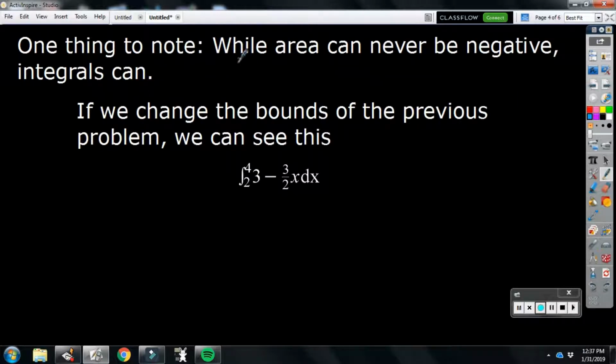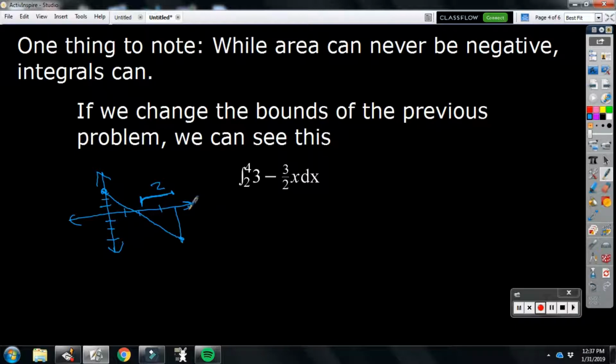Okay, one thing to note about this is that while area can never be negative, integrals can. So if I just change this problem a little bit and go from 2 to 4, we're still looking at that same line. But from 2 to 4, we have a triangle. 2 starts here, 4 goes here.